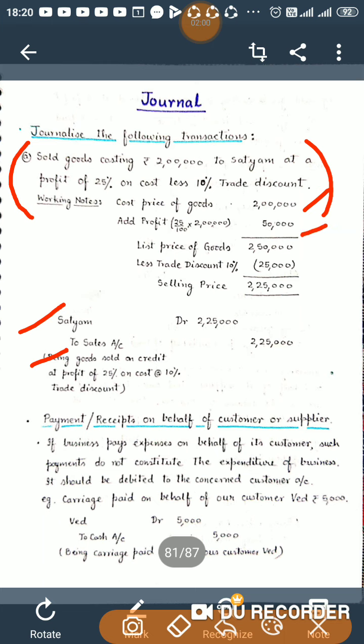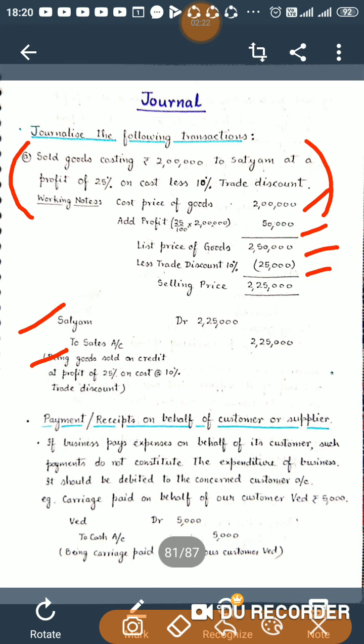It will be added. Now this 2 lakh 50,000 becomes the list price or invoice price of the goods. And on this list price, we are allowing trade discount of 10%. So 10% of 2,50,000 is 25,000.